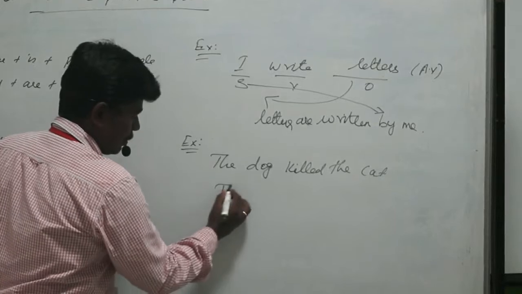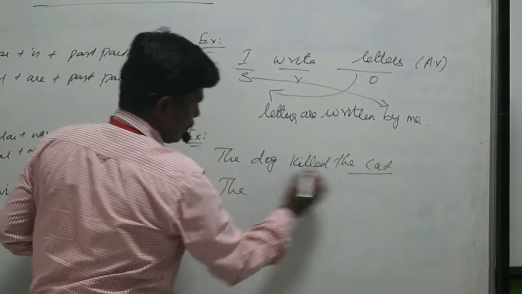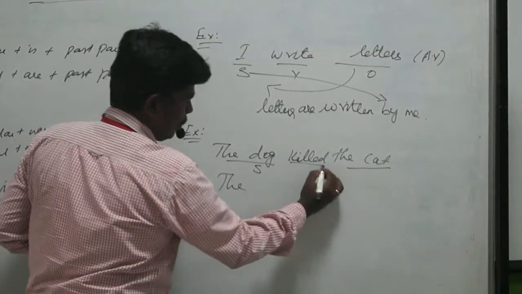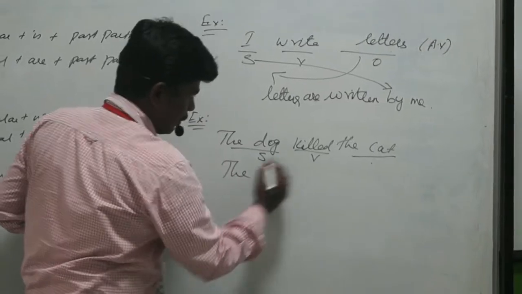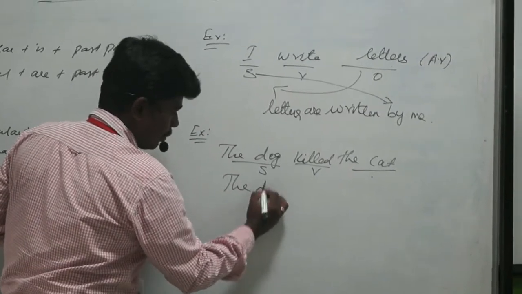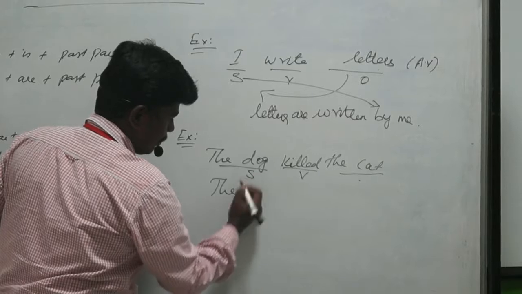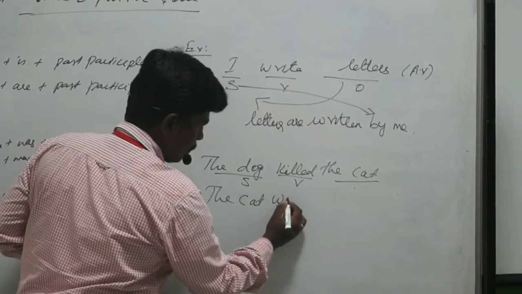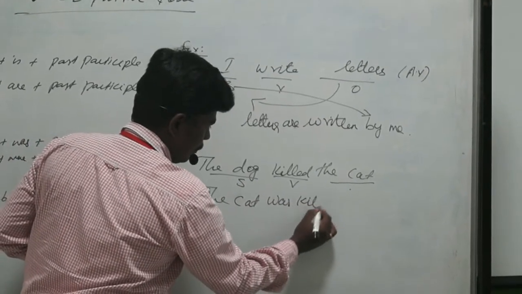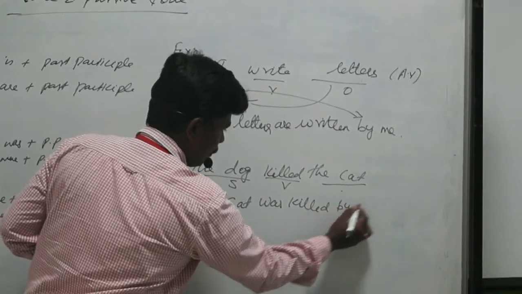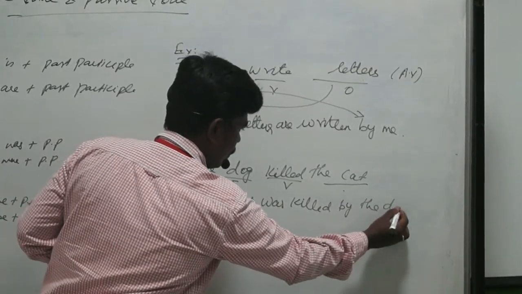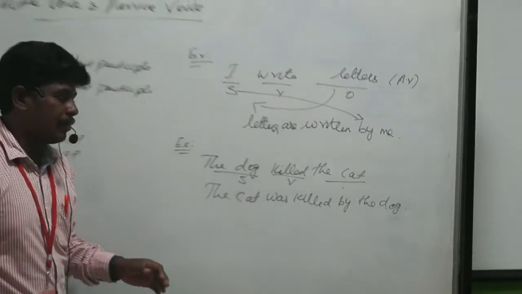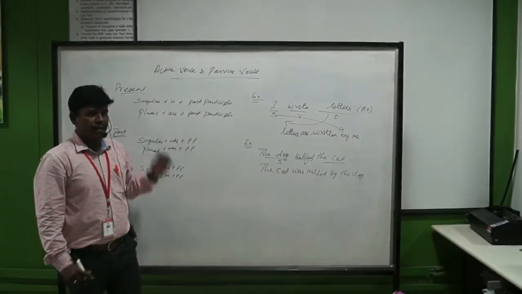Now we know that it's a subject, it's a verb, it's an object. So directly it comes here: the dog, the cat, "The cat was killed by the dog." So now we know that very well regarding the active voice and passive voice.